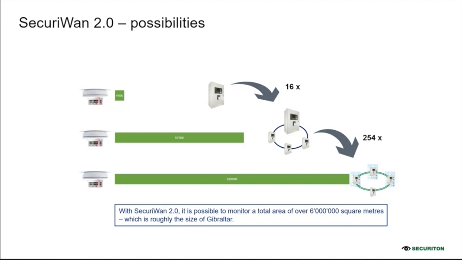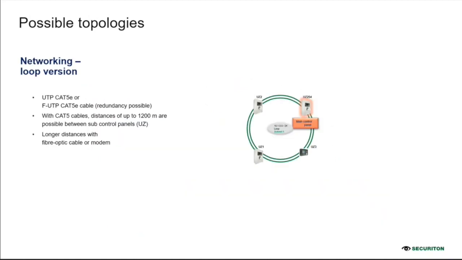So now let's see the possible topologies of networking whenever we are going to use SecuriWan. Here we see the loop version. This is the simplest networking.